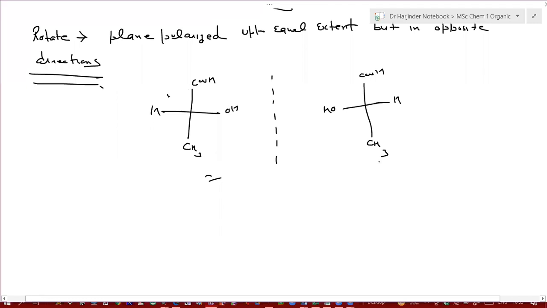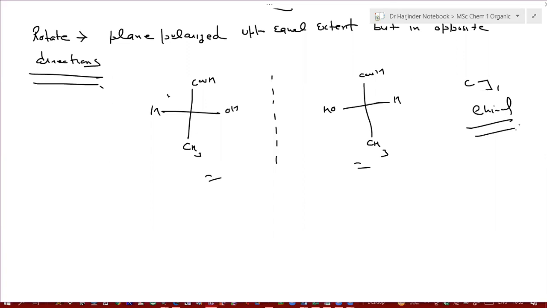So both are enantiomers. They are non-superimposable mirror images of each other. And for non-superimposable mirror images, this carbon must be chiral. That means 4 different groups are attached if it is tetrahedral. Is it clear?